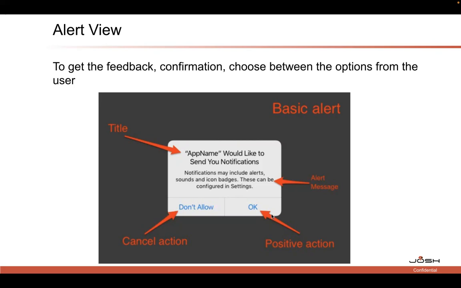Alert actions are nothing but the buttons at the bottom, the actions the user can take in response to the alert or action sheet. And there is one more thing, which is the alert text field, a text field displayed by the alert. That is not in this particular screenshot, but it is also something we can use in the alert. To understand this more, we will create one sample application and try to show some alert.